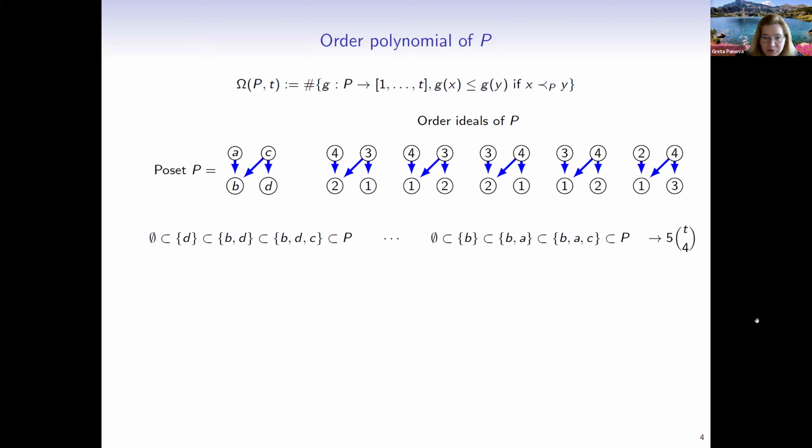But let me show you how you count. In general, you take the poset. So what you need to do is compute the lattice of order ideals.